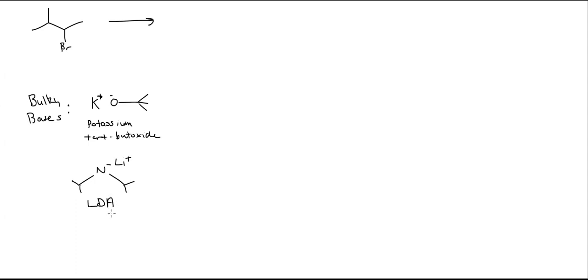So this is LDA. And then we also have lithium hexamethyldisilazide, which is LiHMDS. So what that looks like is an N with two silicons that have three methyl groups attached. And then I have lithium. So this is LiHMDS.